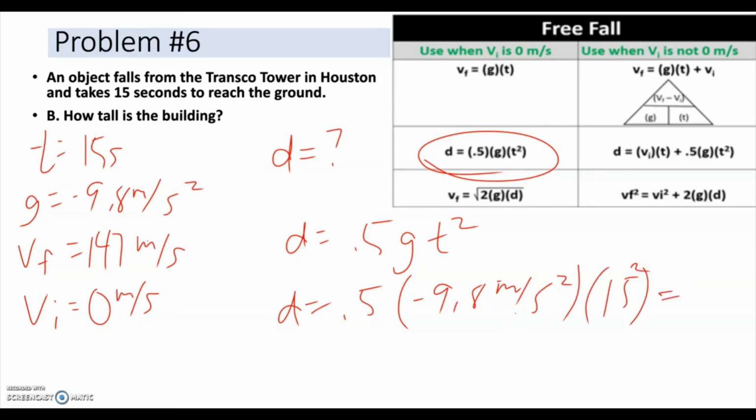So when you plug this into your calculator, you should be getting 1,102.5 meters because this is distance or displacement. Technically, it's a negative value because the object did fall the 1,102.5 meters. But when you say how tall the building is, you wouldn't say a negative value. You would just say, oh, it's 1,102.5 meters.